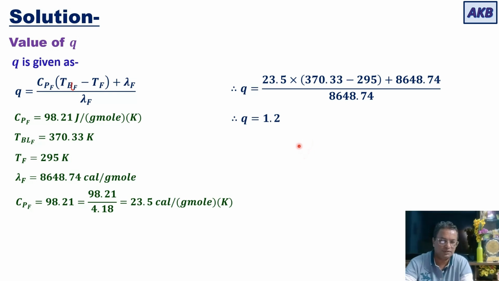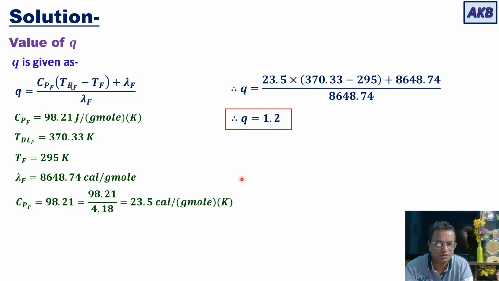That gives us Q as 1.2. You must have noticed that the value we have got is greater than 1. Since we know that for a feed as a cold liquid, the value of Q will be greater than 1, and over here also we have got it to be greater than 1. So in this way we need to find the value of Q.